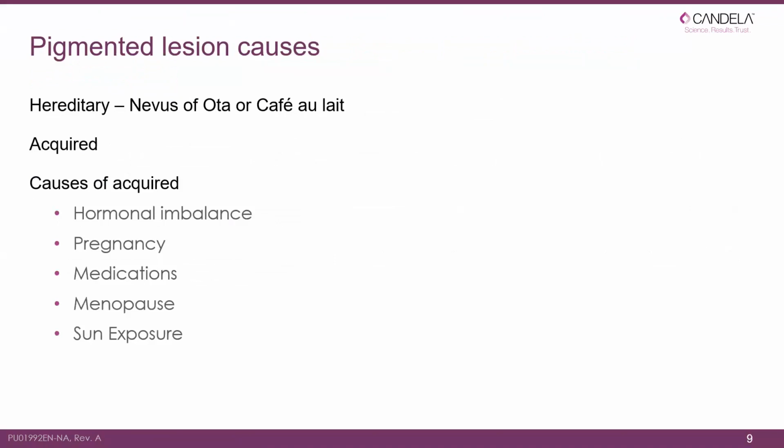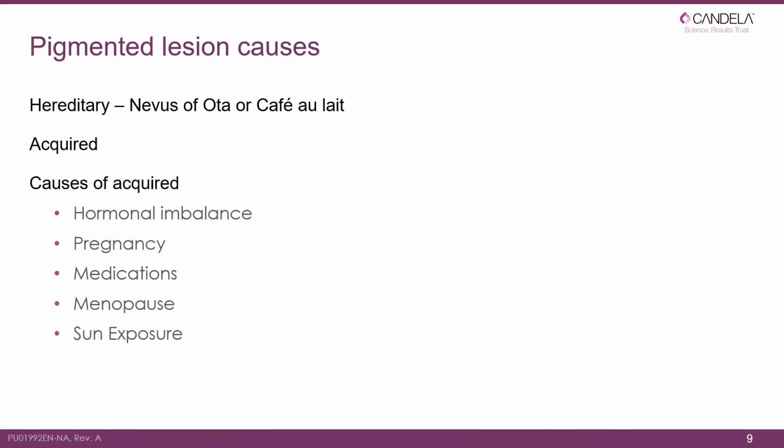So what are the causes of pigmented lesions? These can either be hereditary or acquired. So a couple of examples of hereditary would be nevus of Ota or café au lait. And on the acquired side, the causes of these acquired pigmented lesions, a number of different things.